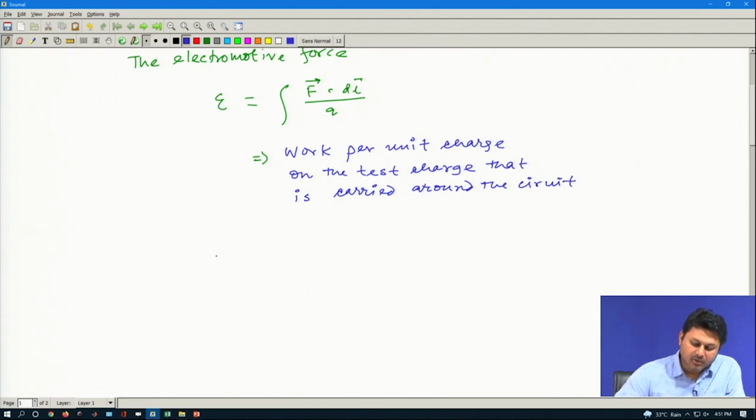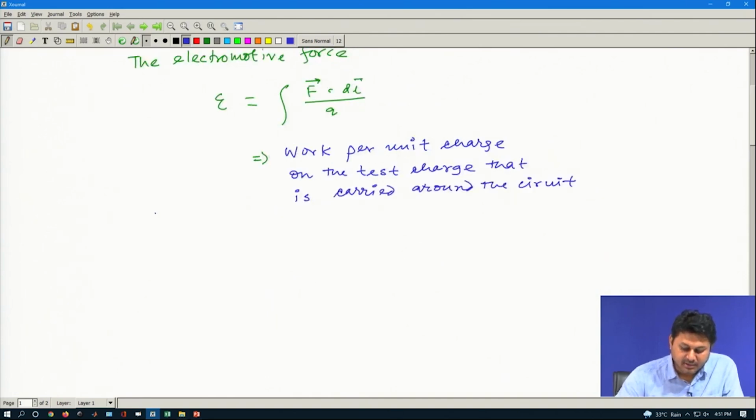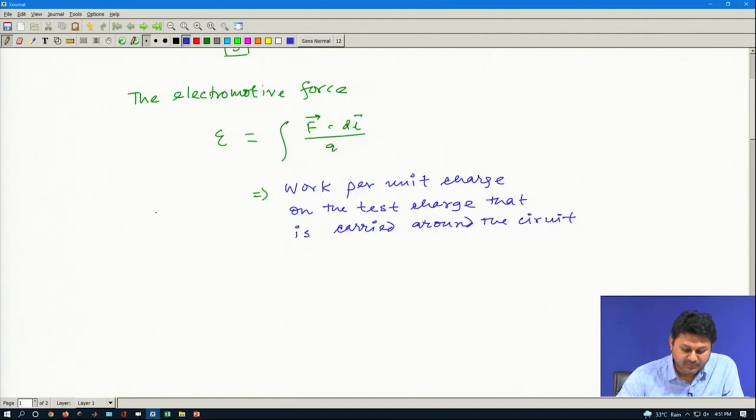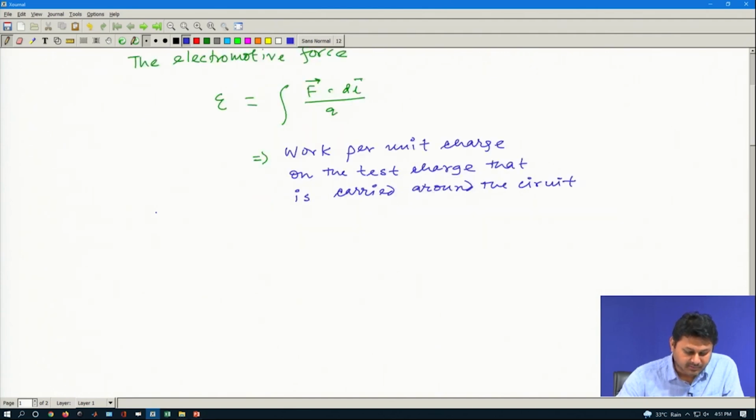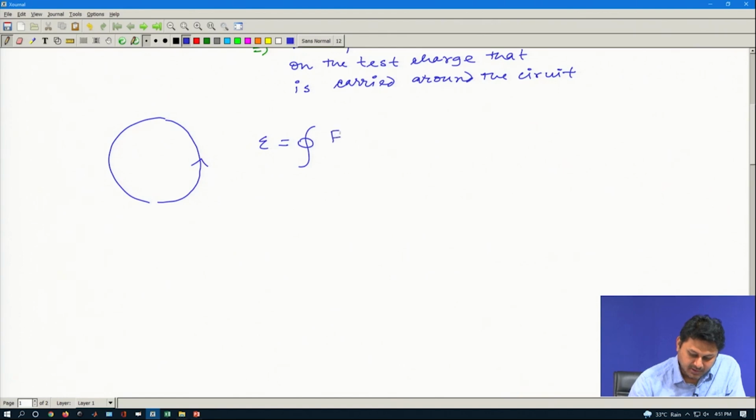So, around the circuit, the work done to move the test charge around the circuit, per unit charge, is eventually the electromotive force, and that is the way one can write it. Now, if the circuit is closed, the expression is a closed integral of F dot dl divided by q.